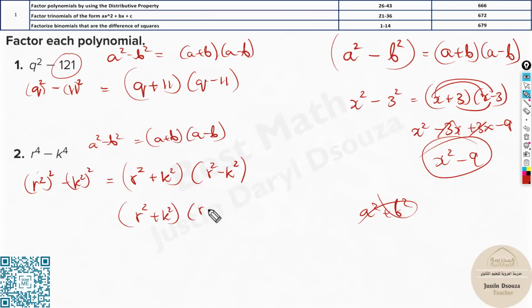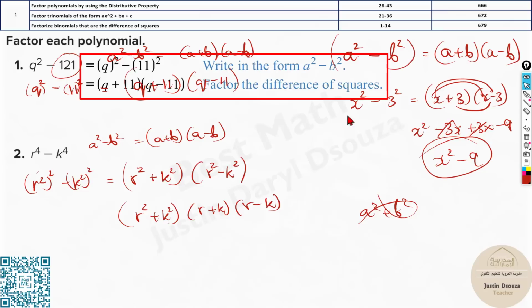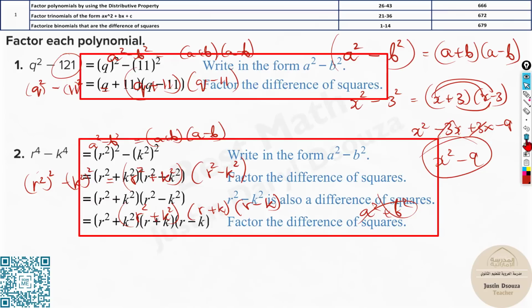But here, we take it as r plus k, because what is the below term? It's just r. The squared will be factored out. And over here we have r minus k. If you multiply this, we get the above thing. So that is the simplification for the second one. You can see here, that is how we get it.